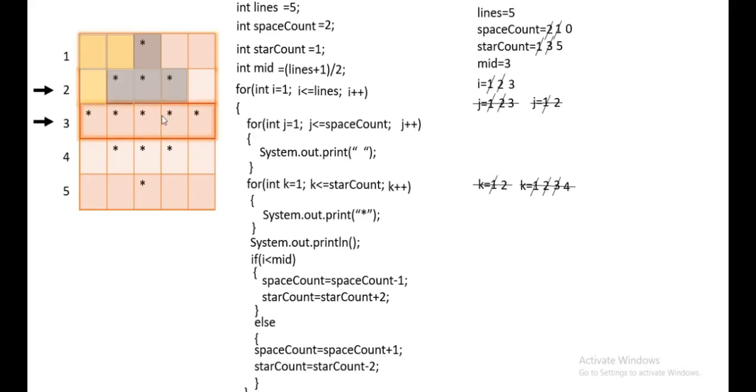First of all, line 3 is selected, then j equals 1, and 1 is less than or equal to 0, which is a false statement, so nothing will be printed here.